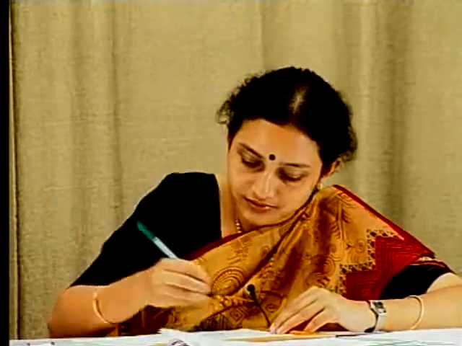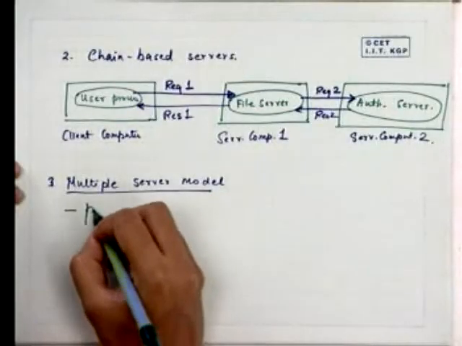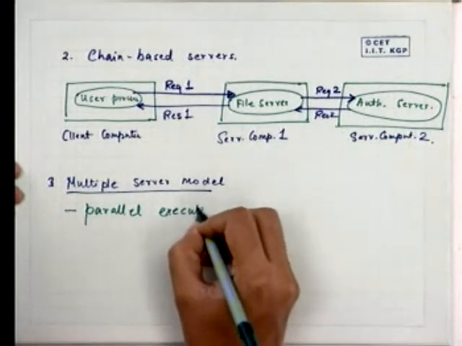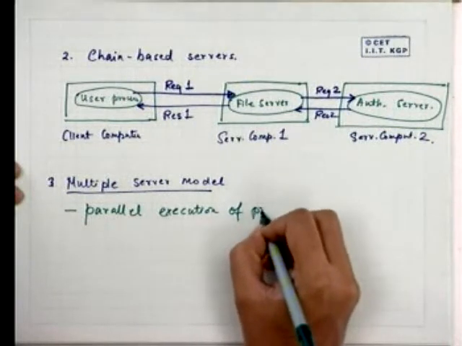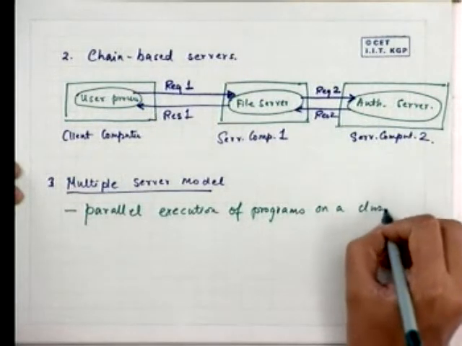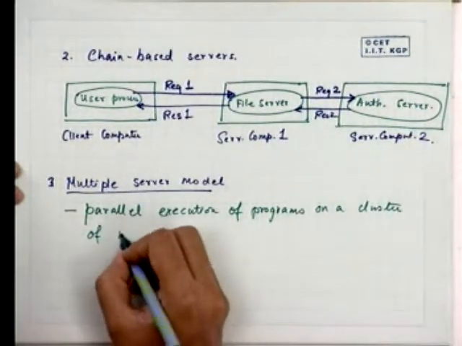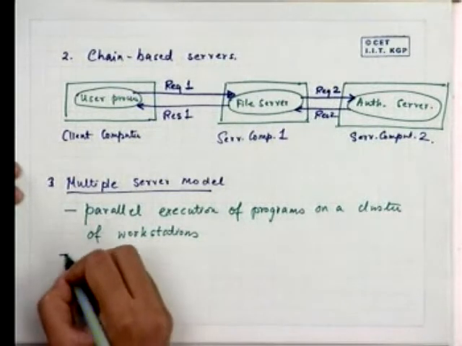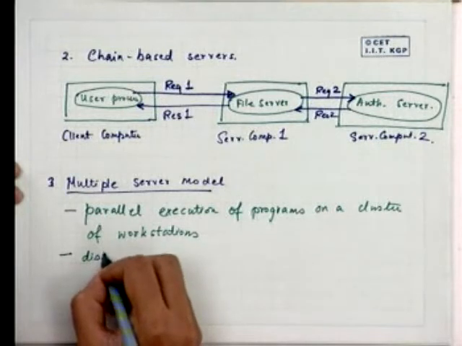Often in the computing environment we have a cluster of workstations, and we can have parallel execution of programs on this cluster of workstations, or the network of workstations, as it is sometimes called. So in the multiple server model, we have parallel execution of programs on a cluster of workstations. Secondly, we have distributed databases.